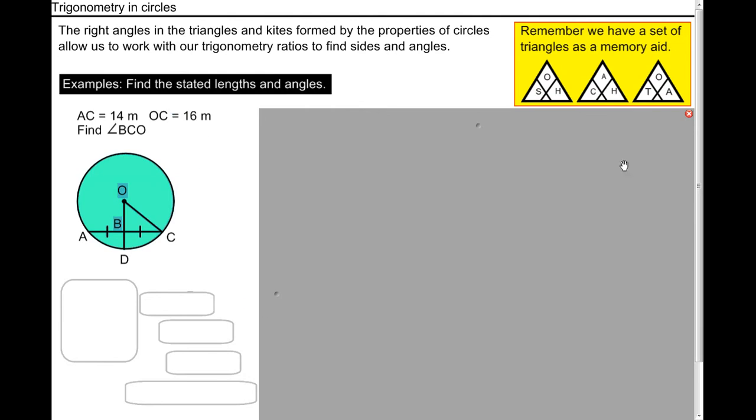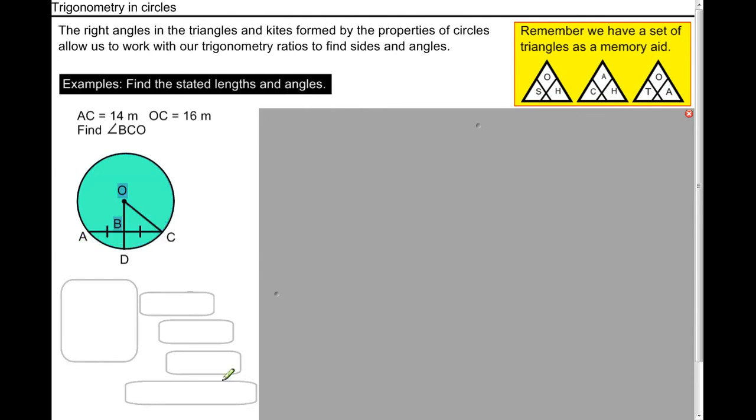We can apply these ratios to similar sort of examples we saw in the last lesson. So I'm going to find the stated lengths and angles for these triangles here. I've been given the information AC equals 14, so I see this chord here is 14, and I've been told OC is 16.